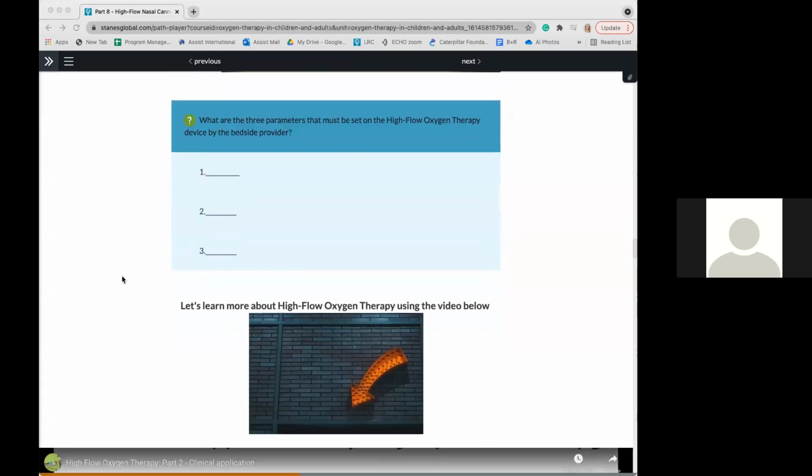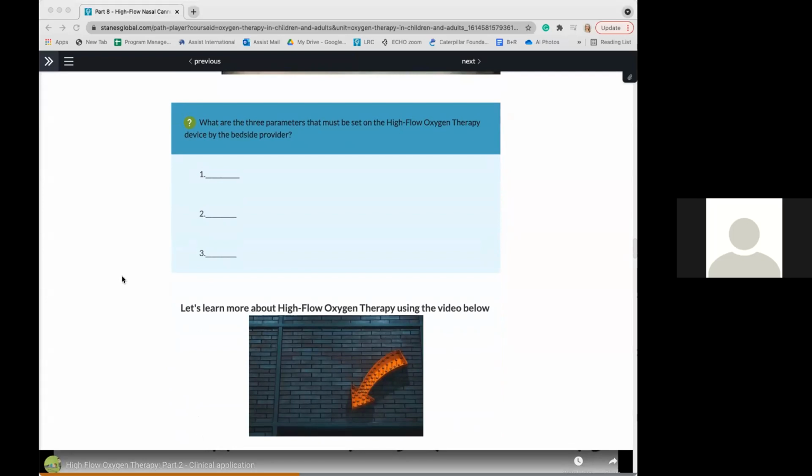So the next question is, what are the 3 parameters that must be set on a high flow oxygen therapy device by the bedside provider? So that patient, the provider has decided to put that patient on high flow oxygen therapy.